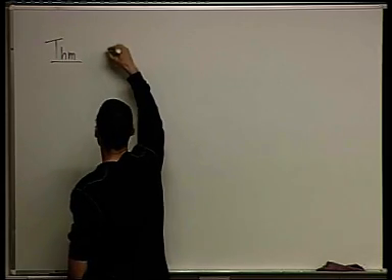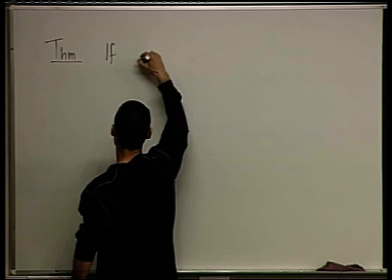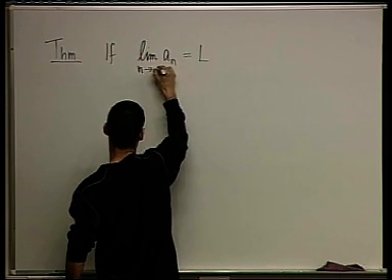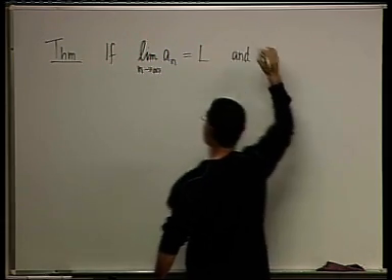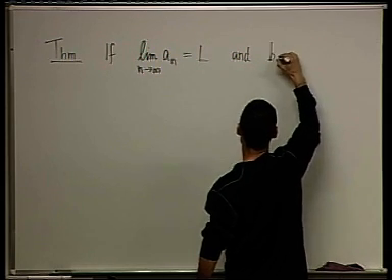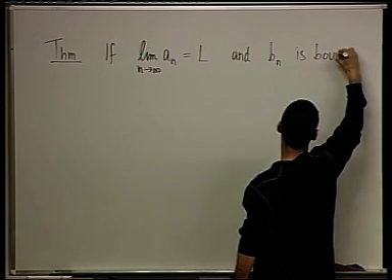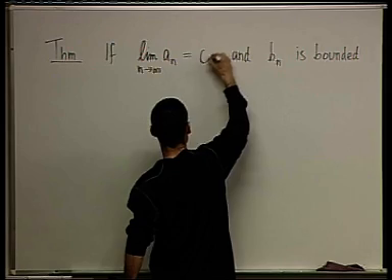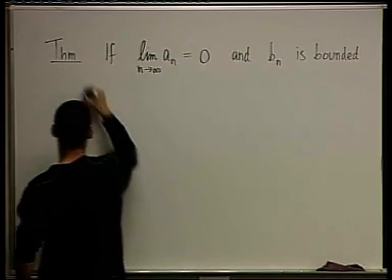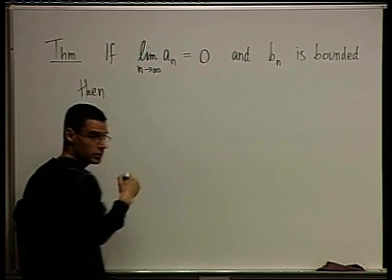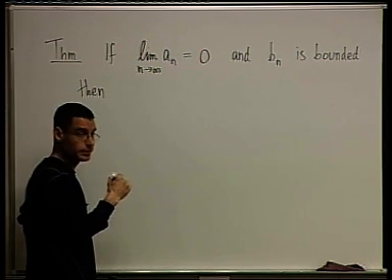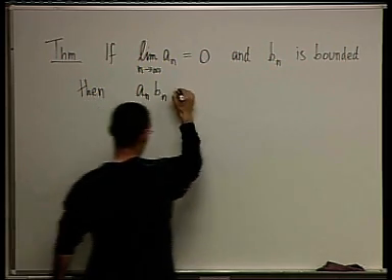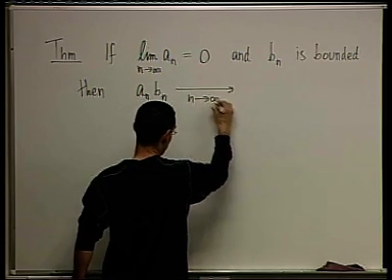So for example, if an has a limit, and bn is not necessarily going to have a limit, but it's going to be bounded, and bn is bounded, oh, sorry. In this theorem, we want the limit of an to be 0. Then, what's the theorem? You know this from functions. Right. Then an times bn also has a limit, and that limit is 0.